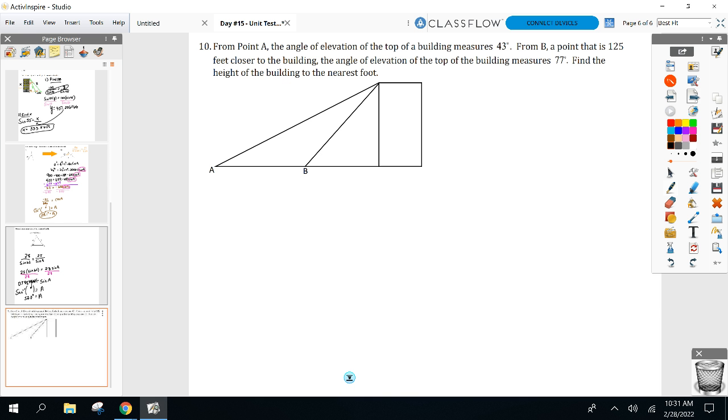From your review packet, Luke. The question is in the back of your packet, number 10. Yes, 125 is the length of AB. 125 is the length of AB, everybody. 125 feet closer.